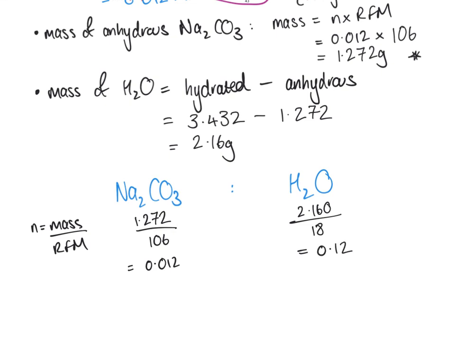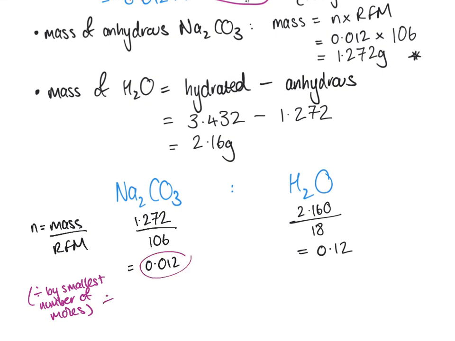And then what we want to do is get this in the simplest ratio. How we do that is we divide by the smaller number of moles. So hopefully that's familiar from doing these types of calculations before. Divide by the smaller number of moles, but please write that down if you can't remember that. In this case, that's our sodium carbonate, 0.012.